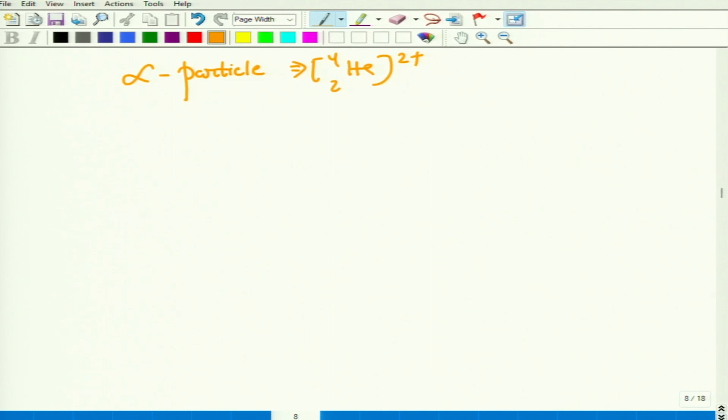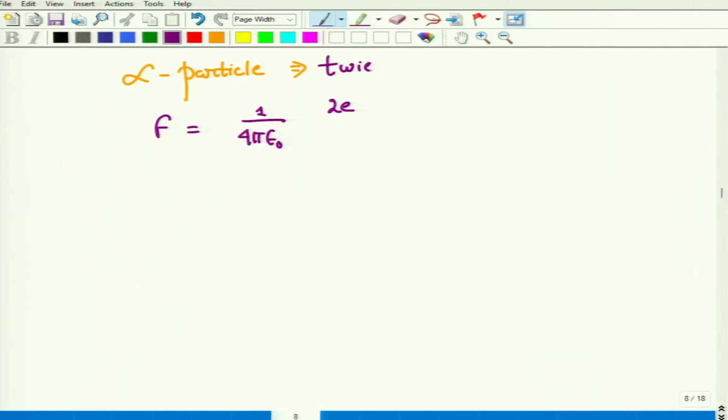We will discuss that later, but from here we can say that the interaction between the alpha particle and the nucleus should be Coulombic, and the repulsive force should be like this: 1 by 4 pi epsilon naught, times 2e, because the alpha particle has a charge of 2 plus. The helium identity was not known at that time, but the mass and the charge of the alpha particle were known, twice that of the electron.